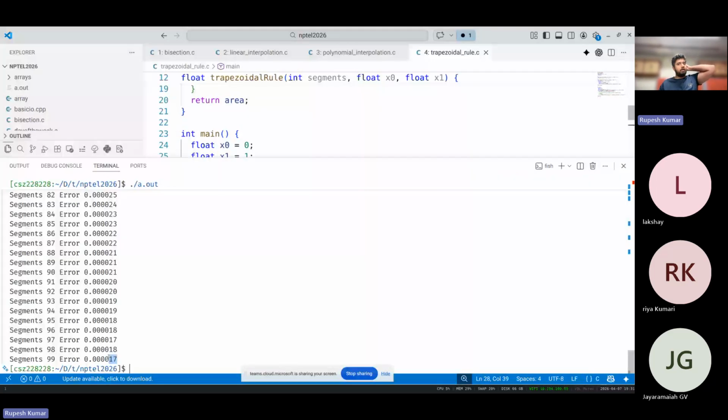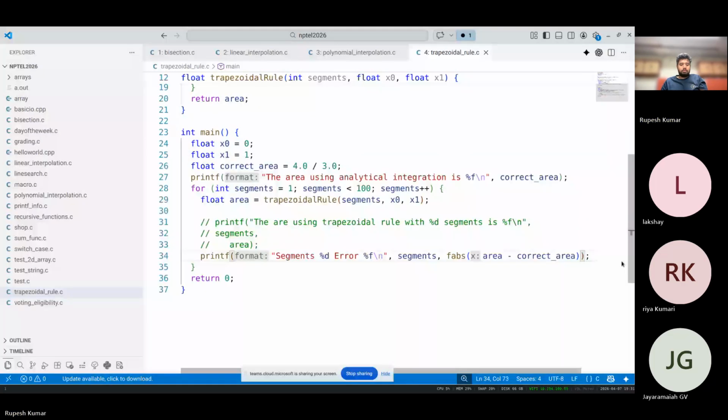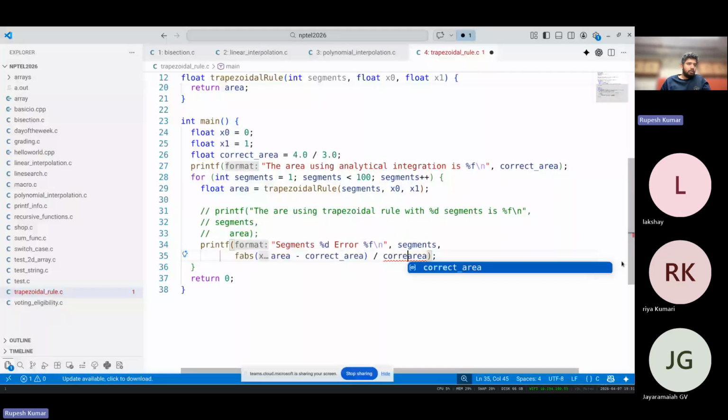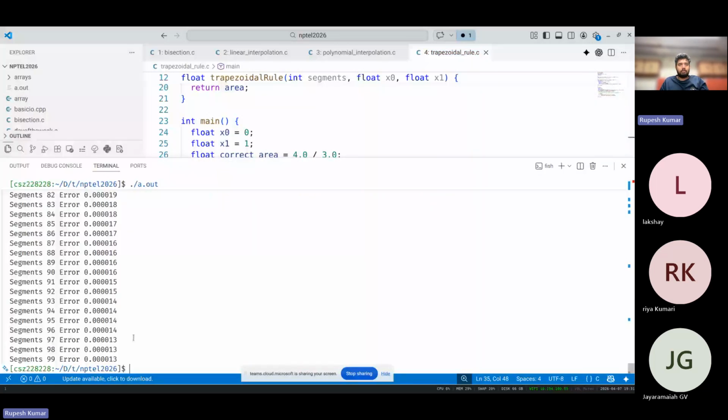So we are almost able to capture the correct area, right? So we are able to approximate the actual area up to some precision using numerical methods, right? So this is the trapezoidal rule.